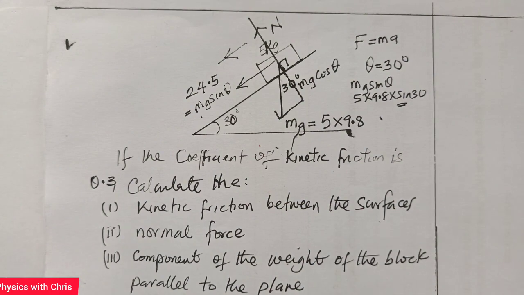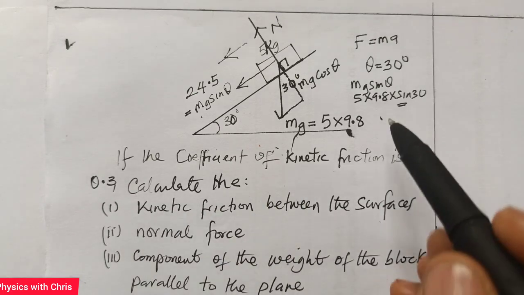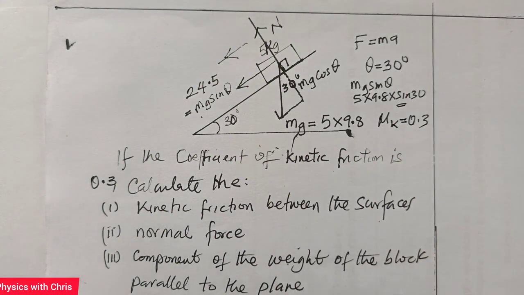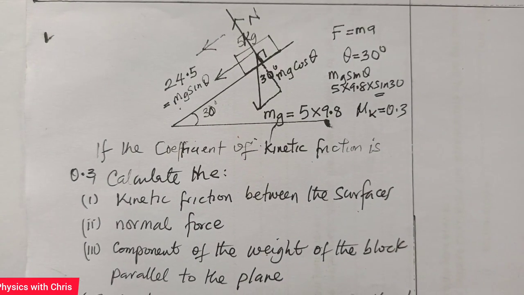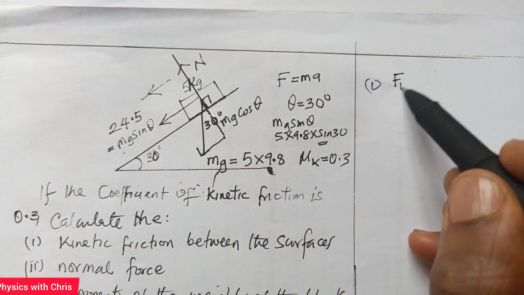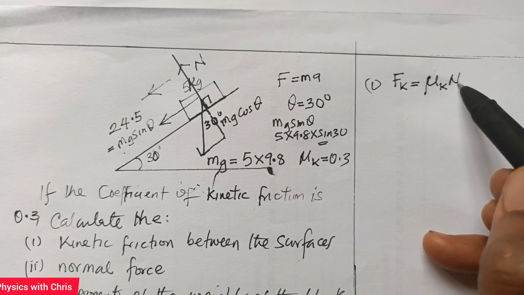We are told that the coefficient of kinetic friction, let me call that mu k, is 0.3. We have to calculate from the first question the kinetic friction between the surfaces. The kinetic friction between two surfaces, I call that Fk, is equal to mu, that is the coefficient of kinetic friction, multiplied by the normal reaction.